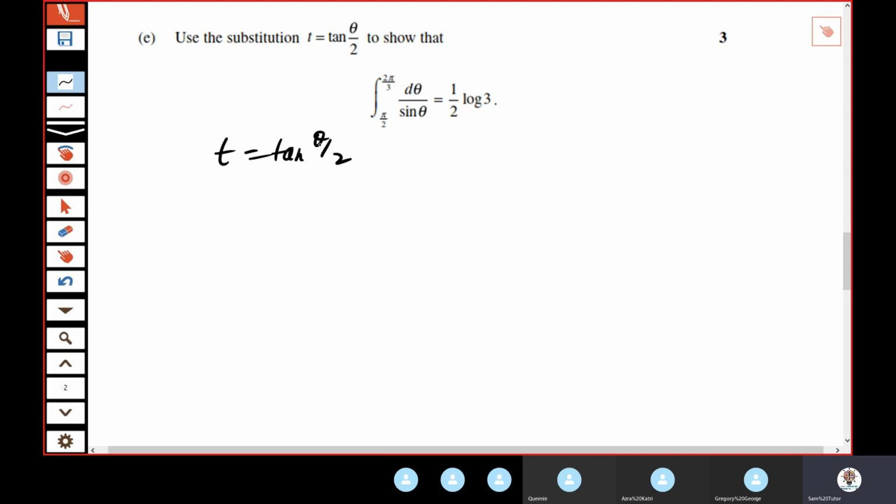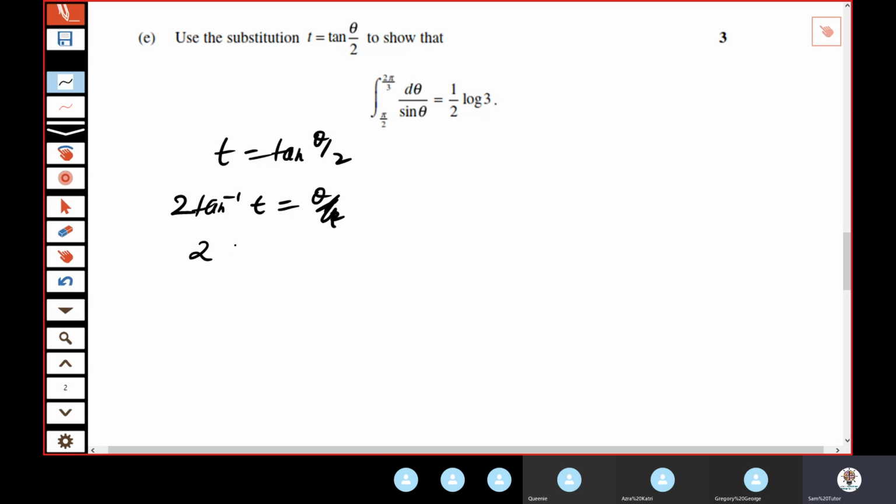What we've got to do is, because you want to get rid of d theta, think of it like that. So you want to make theta the subject, so theta equals 2 inverse tan t, and then from that line we are differentiating.